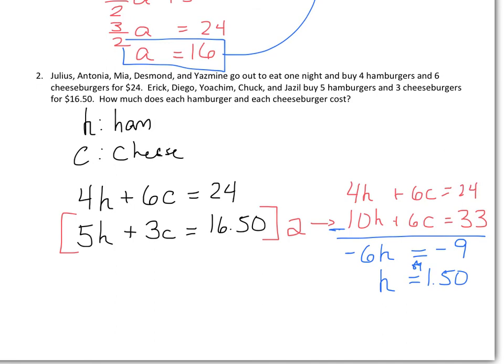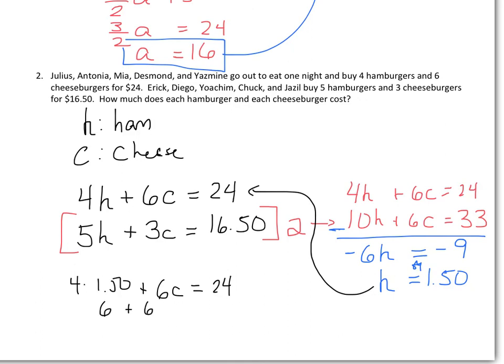So now I'm going to take this and substitute it back into, let's go with the first equation, even numbers. So 4 times $1.50, that's $6.